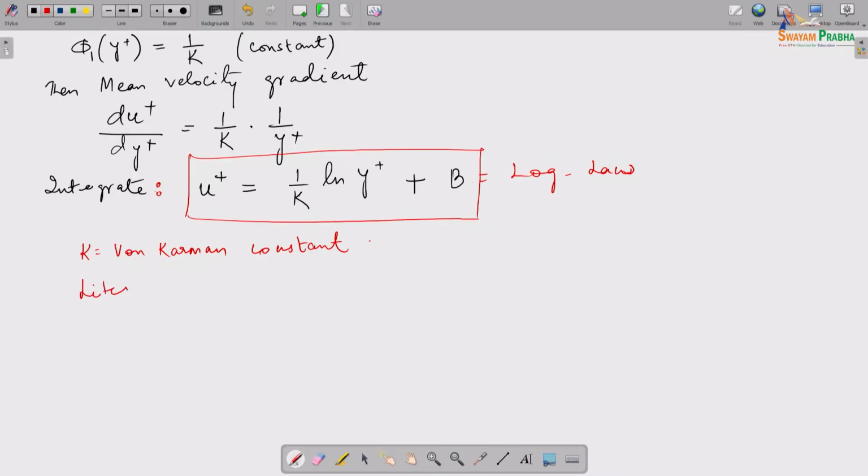So from literature, we get these values to be within plus minus 0.5 of k is this and b is 5.2.